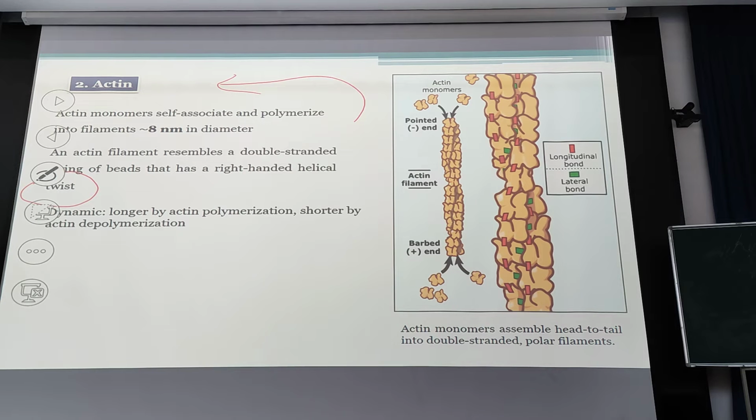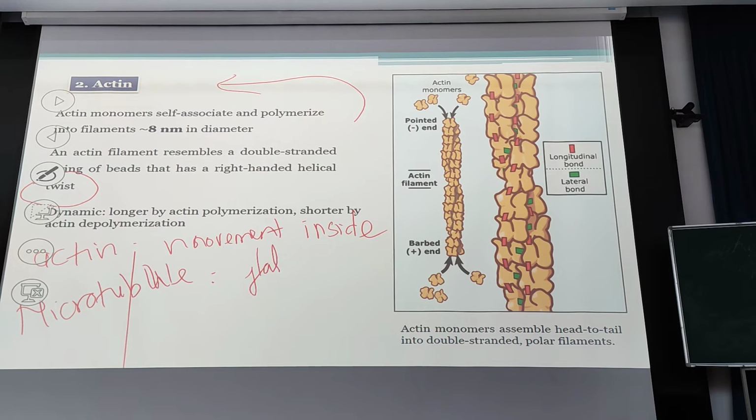And both actins and microtubules are involved in the movement of the cells, but the actin is movement more inside, and the microtubule is the movement of the motile cell like flagella and cilia.